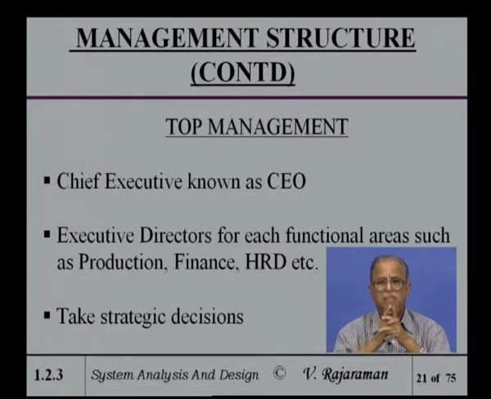But this board's primary function is to take strategic decisions in terms of what direction this company ought to be going. So, the chief executive is not a dictator in the sense that he also comes under certain norms based on the advice he receives from the board of directors to whom he actually reports.